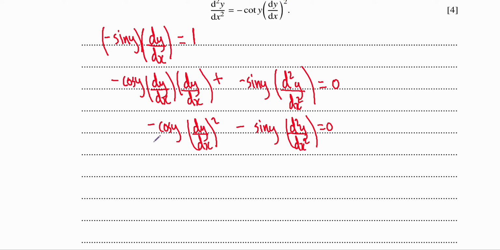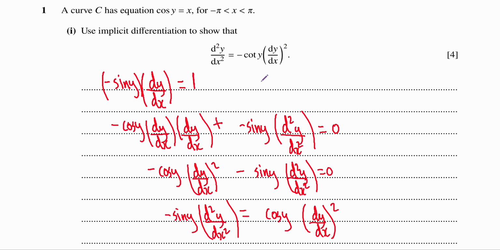So you're left with negative sine of y times the second derivative of y with respect to x is equal to, we bring it to the other side, cosine of y times dy by dx all squared. And now you want it in this form right here, the second derivative of y with respect to x.